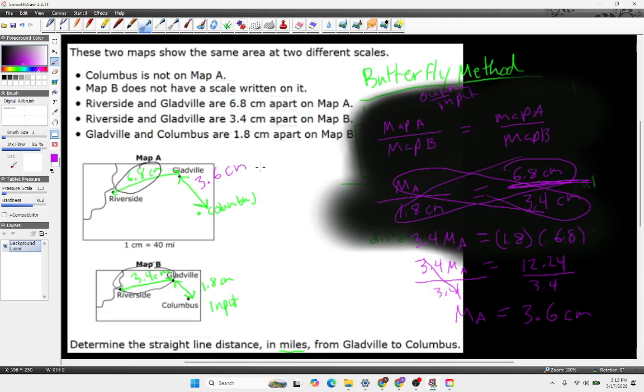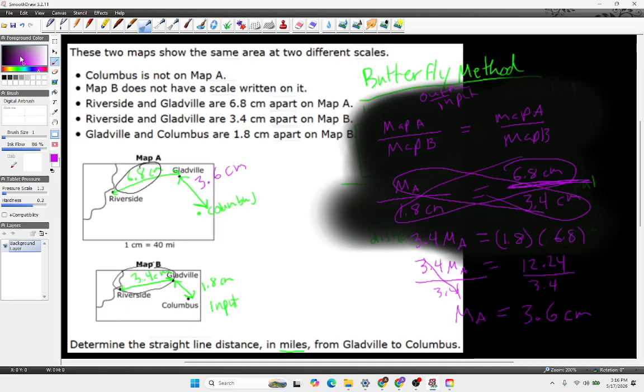But before I say that I'm done, let me go back and read the question. It says determine the straight line distance in miles from Gladville to Columbus. Okay, so I need to now convert this to miles. And when I'm using the butterfly method, I'm always just looking for a pair. Just like when I'm finding k, I'm always looking for a pair, right?